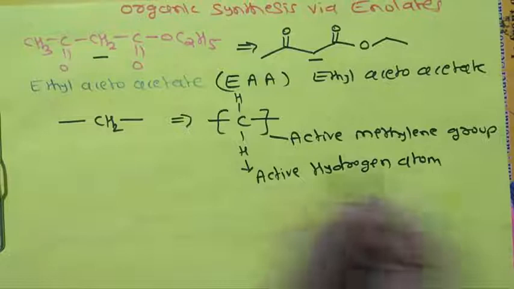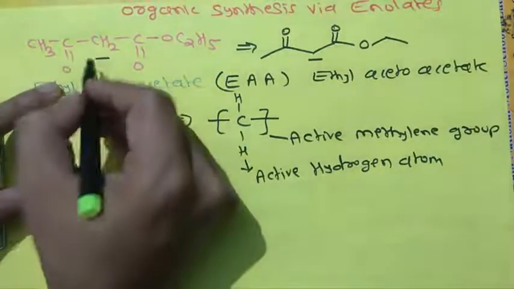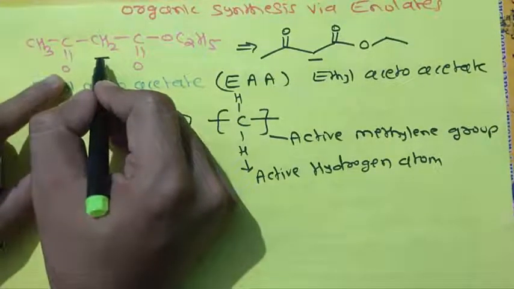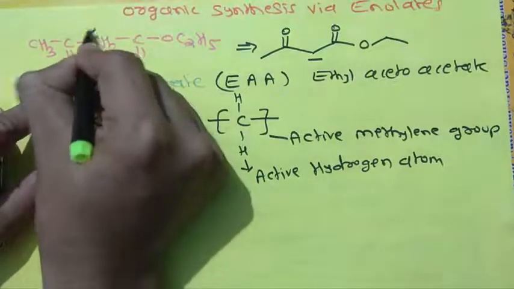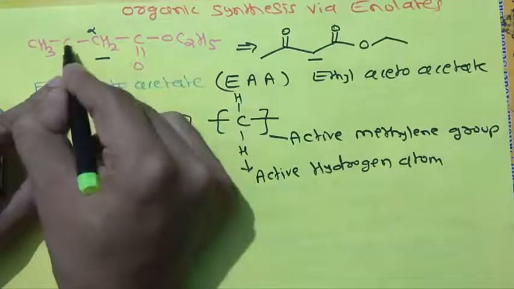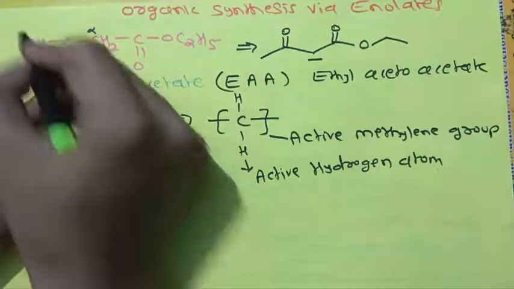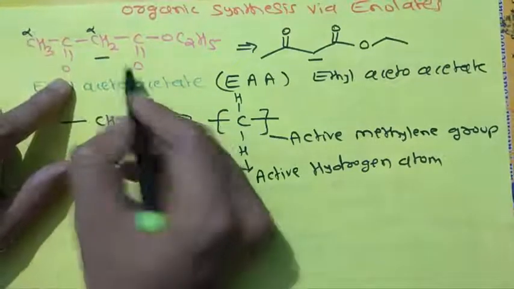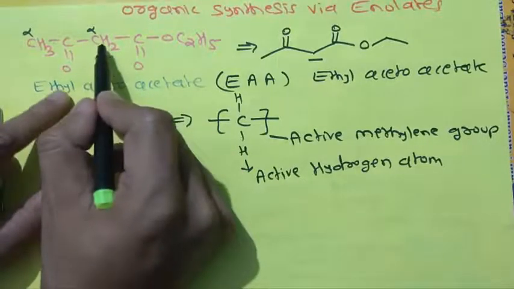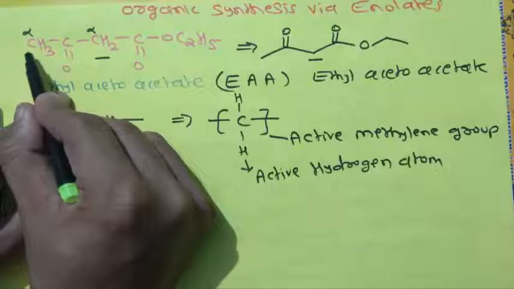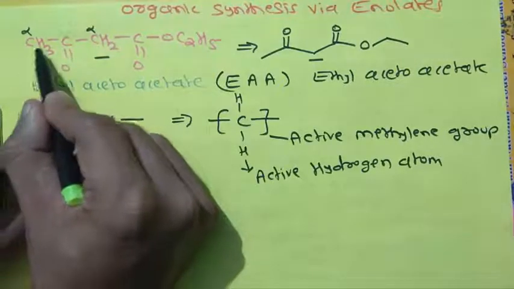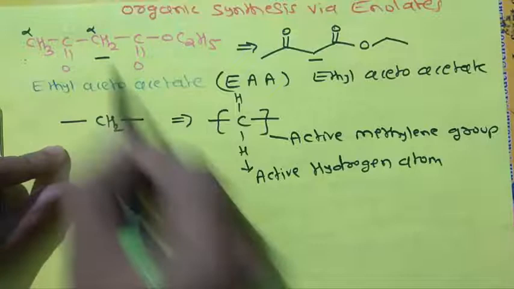See, in this structure, the position of this CH2 according to this carbonyl group, C=O, CH2, is the alpha carbon atom. Again, C=O with CH3 is also an alpha carbon atom. The CH2 and CH3 are both present at the alpha position, but the CH2 group is very active here.